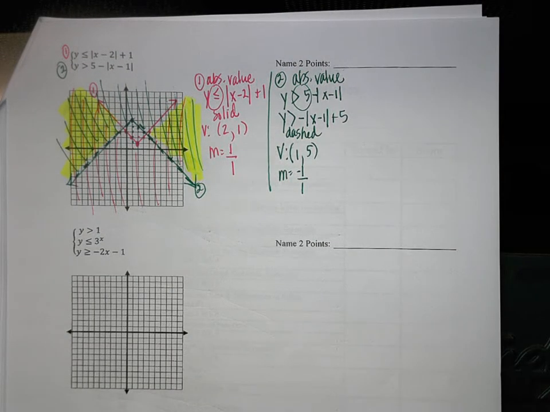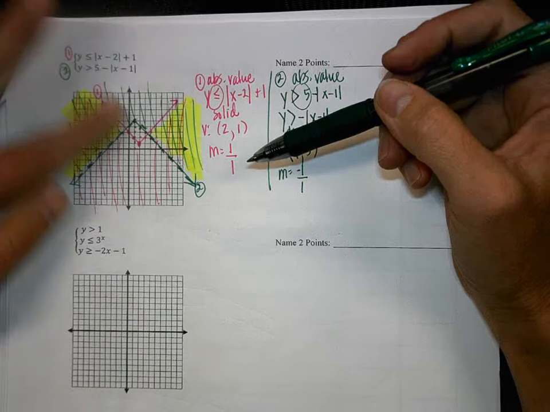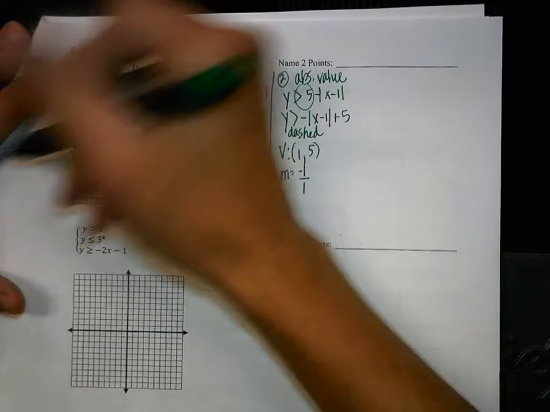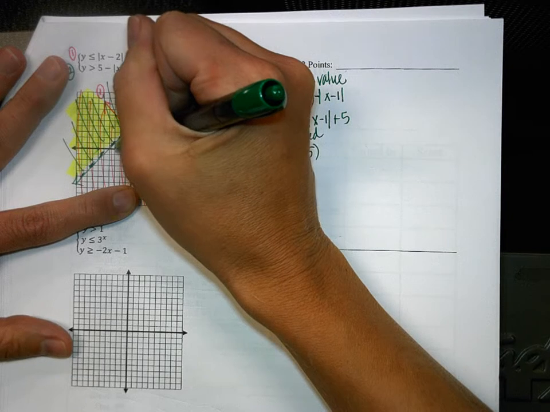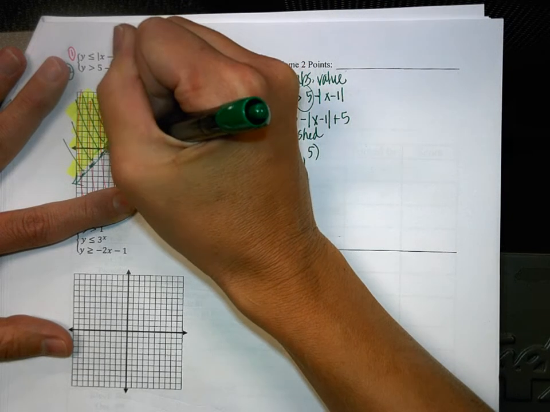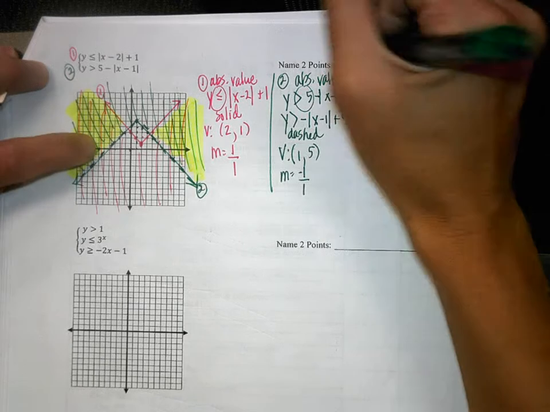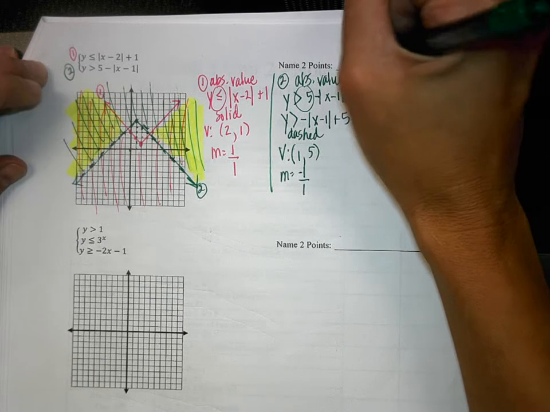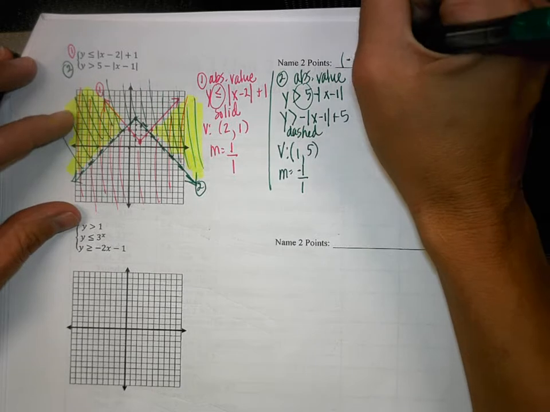And then we have to name 2 points, okay? So let's go ahead and pick a point from here. And again, you can't pick a point on the line. So I try to make sure I'm totally off the line. So let's see here, we're going negative 1, 2, 3, 4, 5. Let's do negative 6, 0.